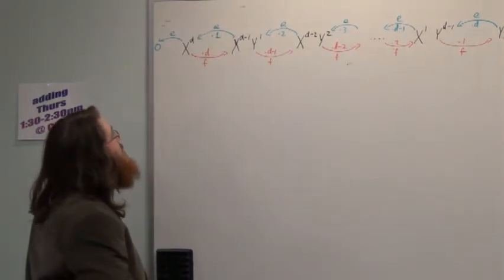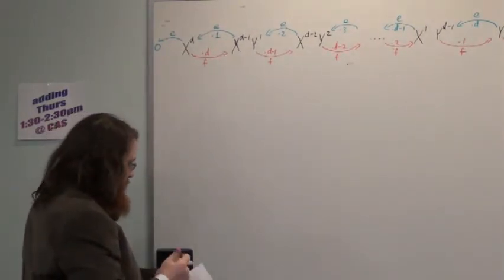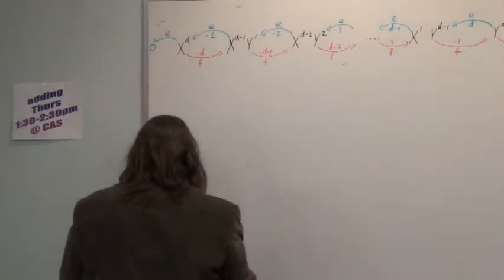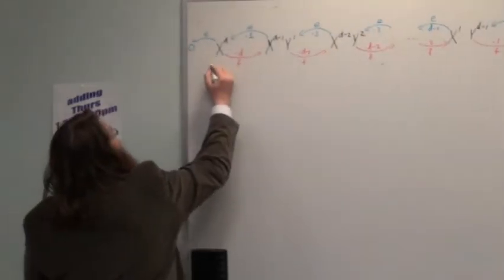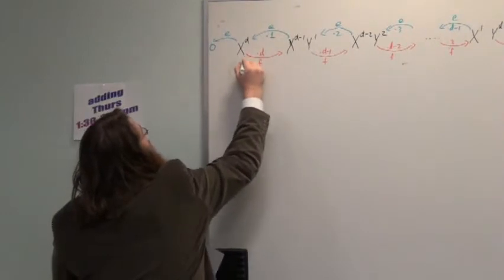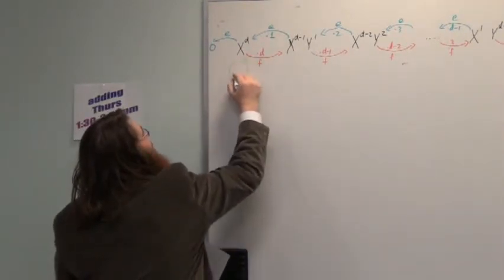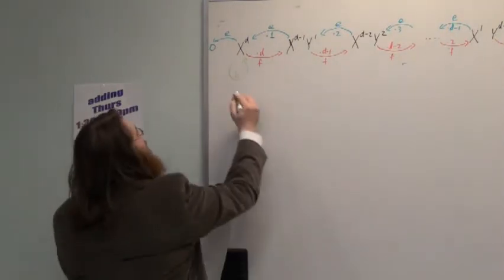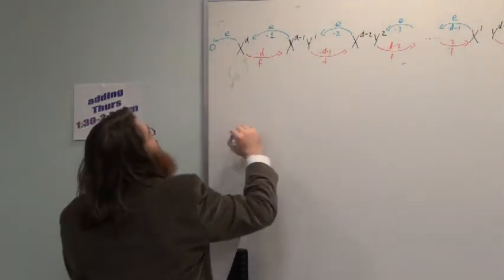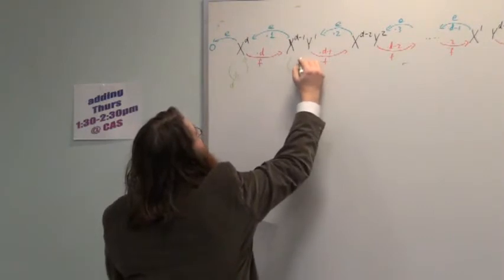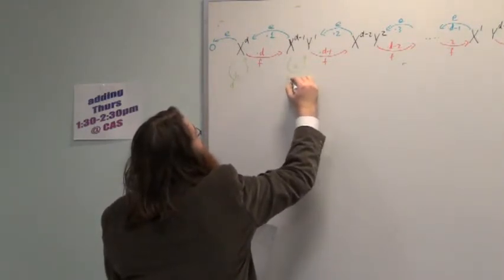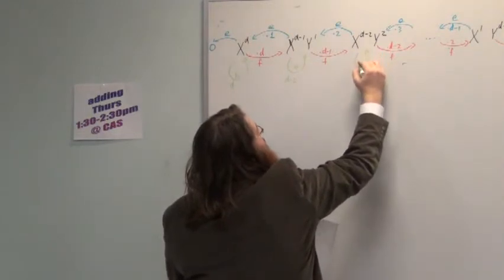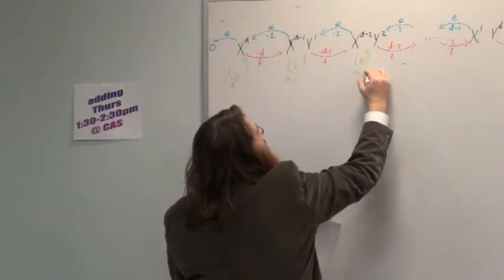And lastly, I need to put in the actions of H. Well, H just takes us right from where we started to where we are, except I multiply by d. Here I multiply by d minus 2. D minus 4.